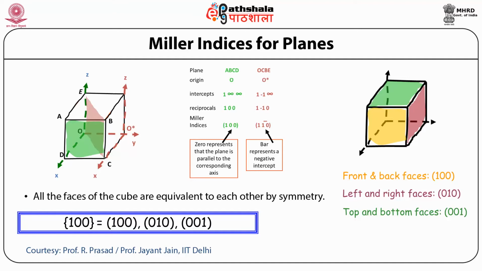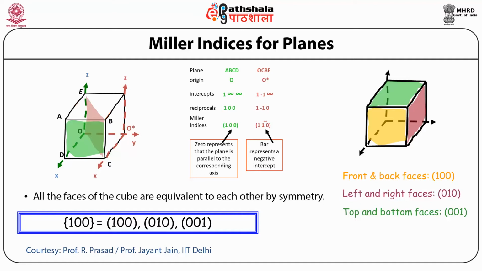Now the Miller indices will become (1 1-bar 0) in curved brackets. Let me recall that in the previous slide it was mentioned that when the reciprocals or intercepts are negative, we represent them by h bar, k bar or l bar. So similarly, in these Miller indices, it will be 1 1-bar 0. The bar represents a negative intercept.